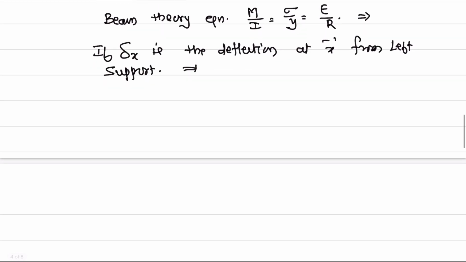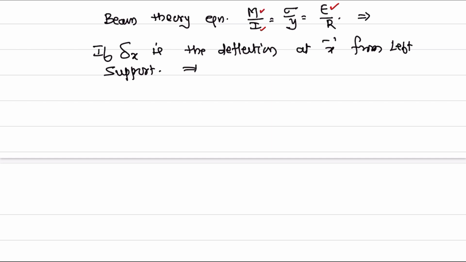What is the equation? From the beam theory, we found that M is already known, I is known to us, E is a material property known to us, I is a cross section we know, Mx is known.